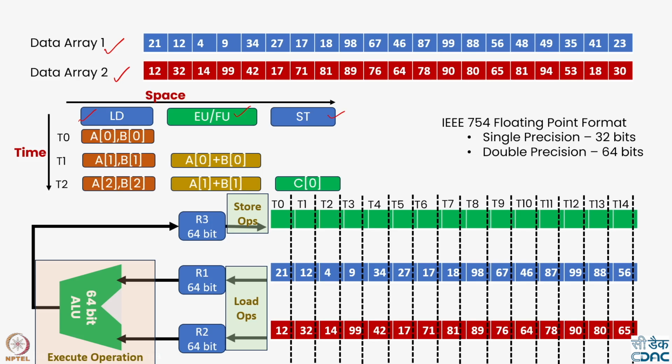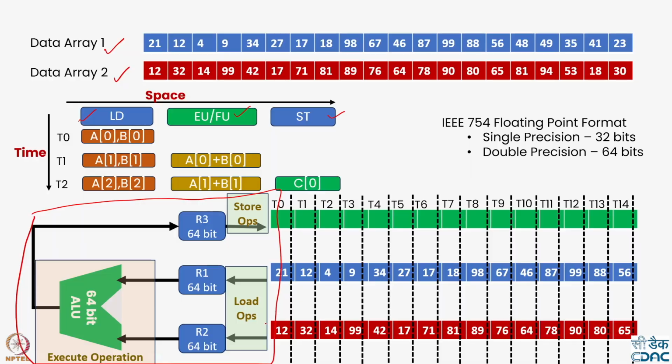And on this side you can see an implementation of an execution core unit, where there is a load unit which always tries to get the data from the global memory and load it to these registers R1 and R2, and each register is 64 bit. These days you know that almost every machine is 64 bit.